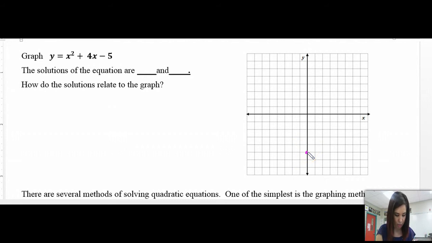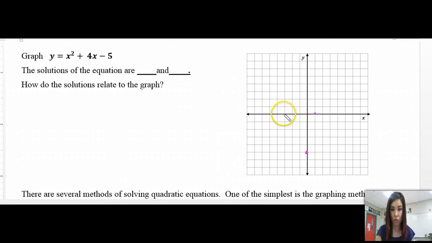It looks like we have a point a little bit off, where x is 1, y is 0, so it's around here. And then we have one on the left, and it looks like it's around -5.